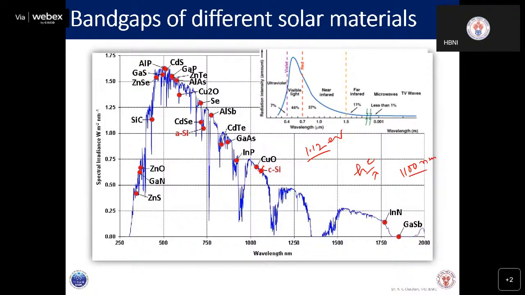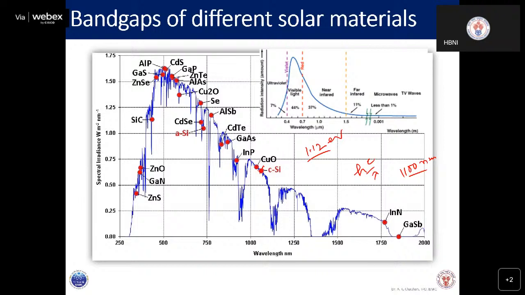That means if you have crystalline silicon, all the radiation having 1100 nanometer wavelength or less will be absorbed, because the lesser the wavelength, the more the energy. But any radiation with wavelength more than 1100 nanometer will pass through it.